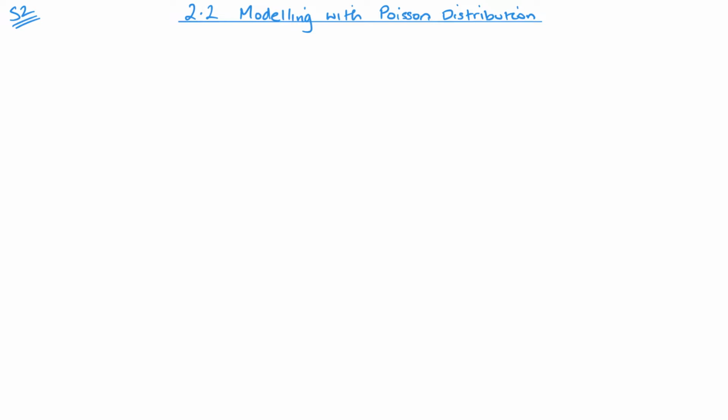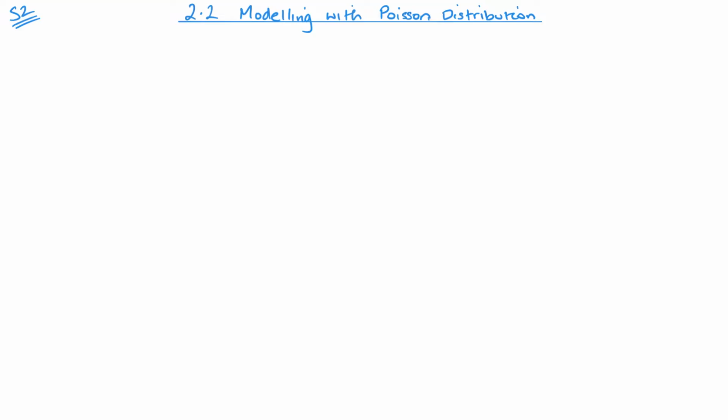Another thing could be the number of spelling mistakes on a page, the number of cars passing within an interval of a specific time, like a 10-minute interval. All of these things will indicate that you're going to need to use a Poisson distribution.